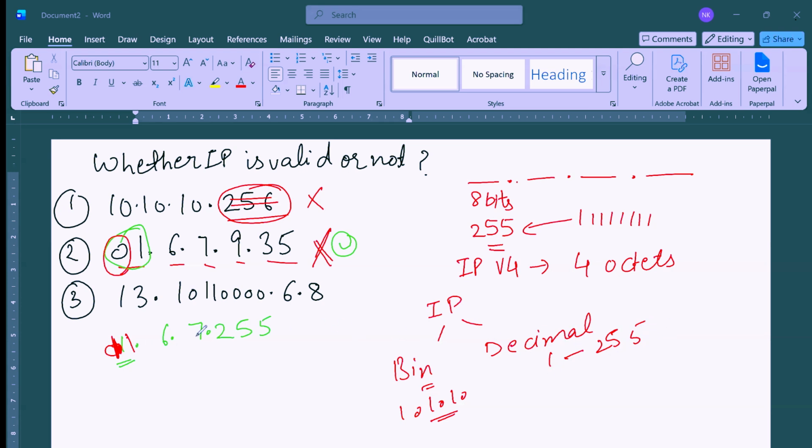But there cannot be any IP address which is a mixture of both. Here the second octet is representing some values in binary, which is not allowed. So we cannot have any IP addresses which have these issues. So what are the possible types of values? Let's see some examples for that.